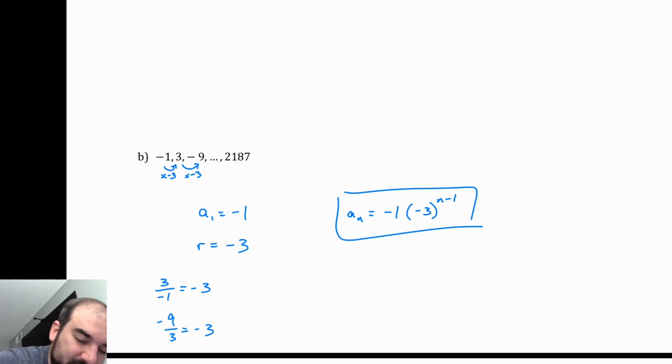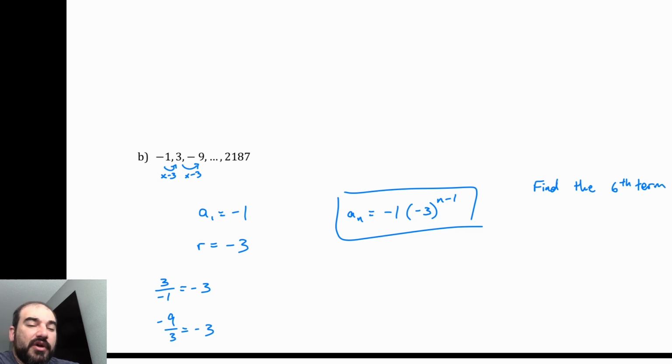So a follow-up example to this would be: find the sixth term in this sequence. If you have an explicit formula, you don't have to continue from this term and multiply by -3 every time.